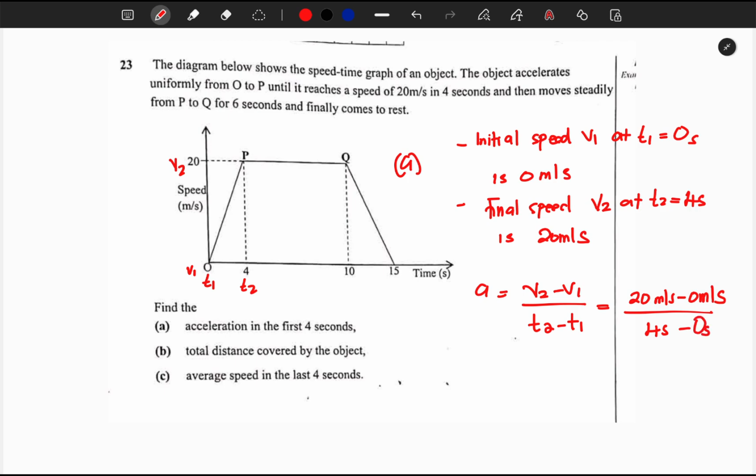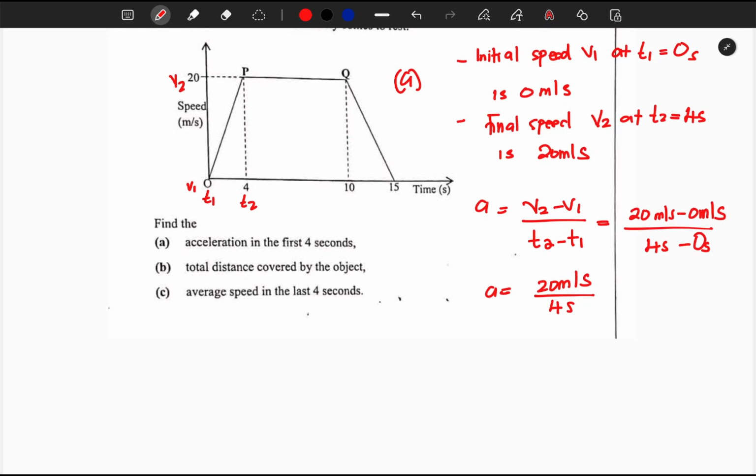So acceleration is equal to 20 meters per second over 4 seconds. 20 divided by 4 is 5, so the acceleration is 5 meters per second squared, because there are 2 seconds, we square them. That becomes our acceleration.